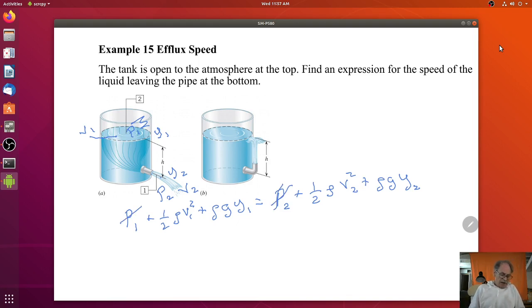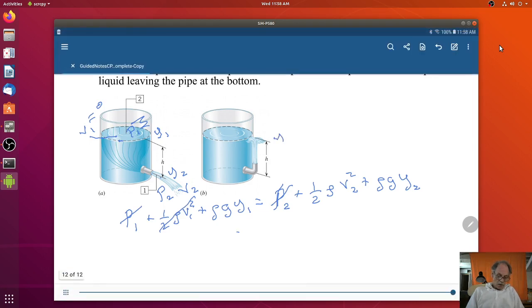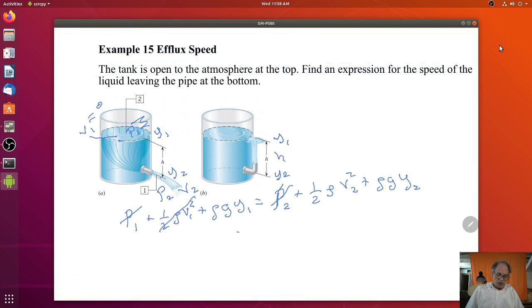We assume that the velocity of the fluid up here at the top, where you've got this great big surface, is 0. The fluid is hardly moving at the top of the surface. It's really moving down here. So V1 is 0. And Y1 minus Y2 is equal to h.